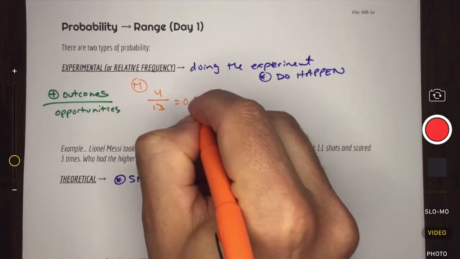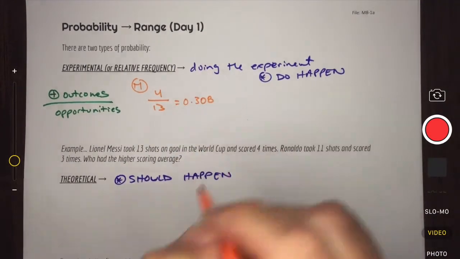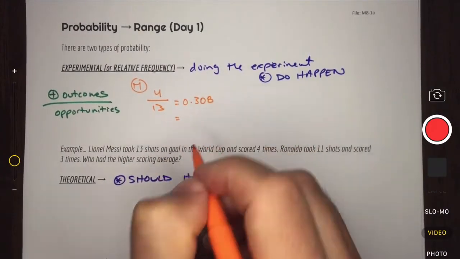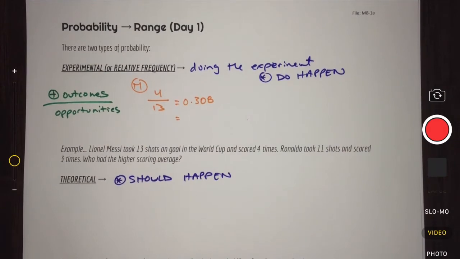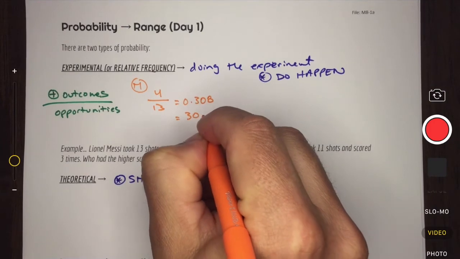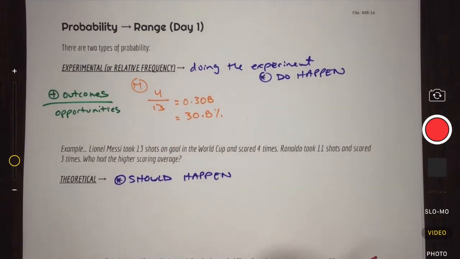So we're going to get 0.308. And if we take that and turn it into a percentage, so again, you can just take it on your calculator and multiply by 100, we're going to see that Messi's shooting percentage is going to be 30.8%.